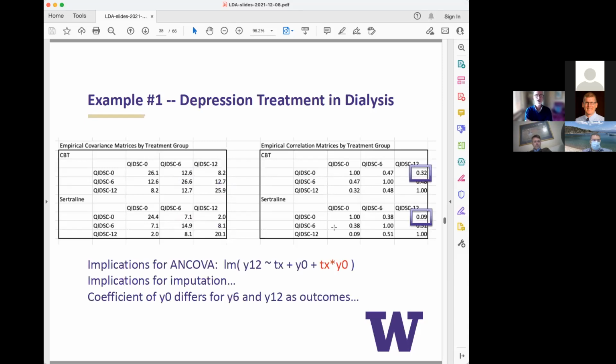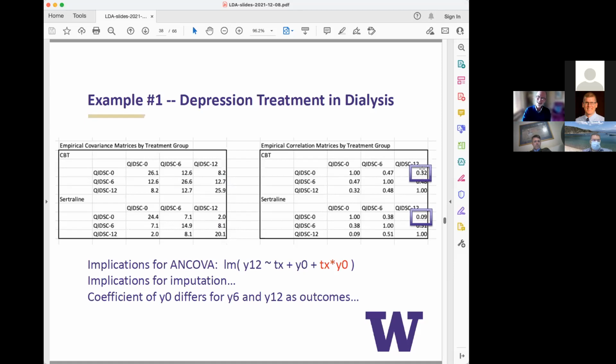If I look at correlations then, in the CBT group, baseline has a correlation of 0.32 with the week 12 outcome. In sertraline, baseline has a correlation of 0.09, empirical, with the week 12 outcome.